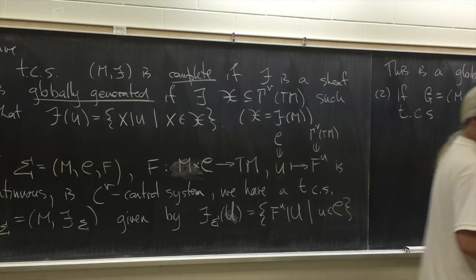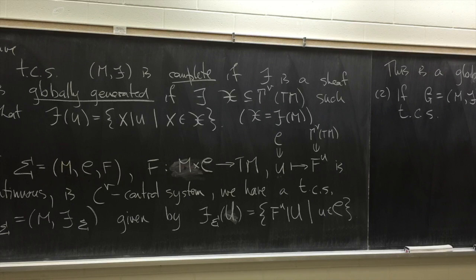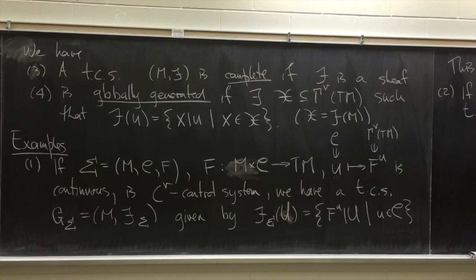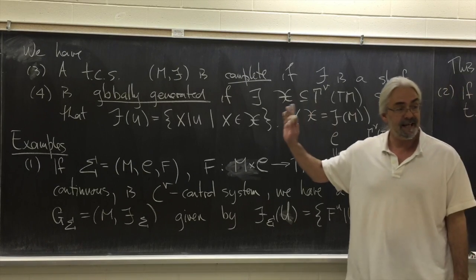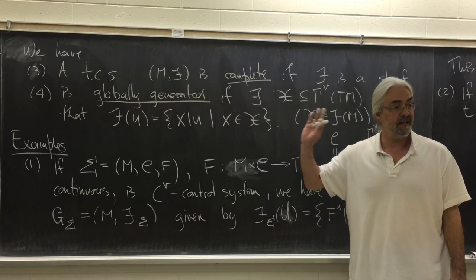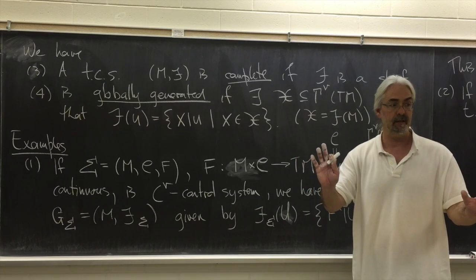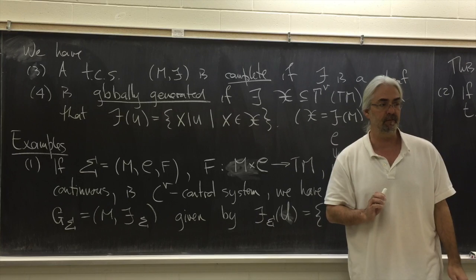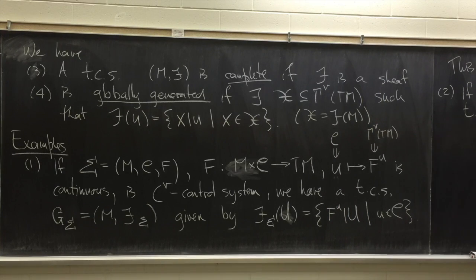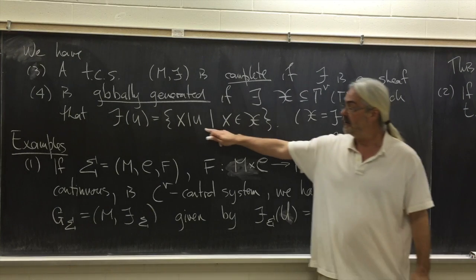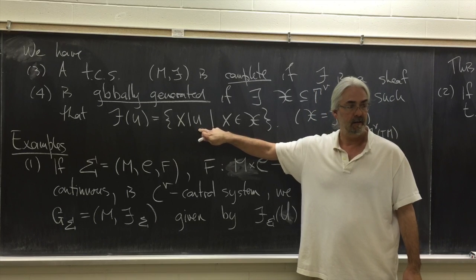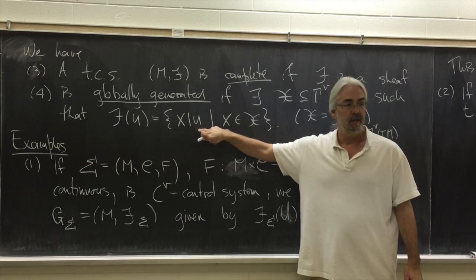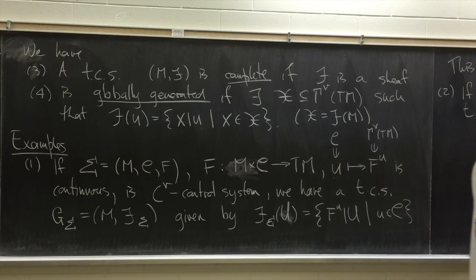In the definition for global generation, you specify how U is measurably depending on... No, so U here is an open set in M. So it's an open set in your set of states, so there's no ambiguity there, right? It's just an open subset of a manifold, and these are vector fields defined on the open set U. How do you go from that definition to the control definition?